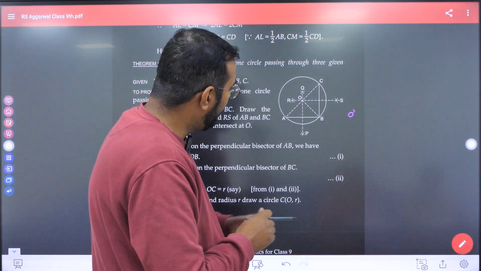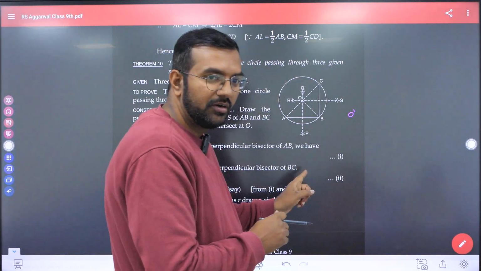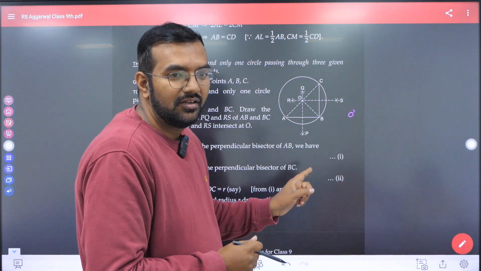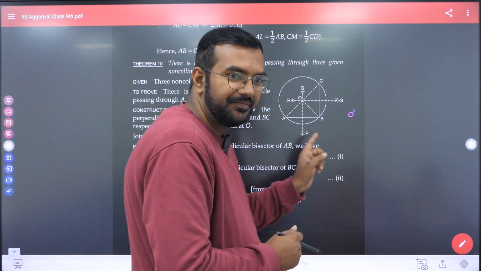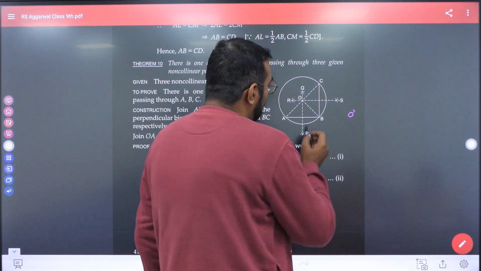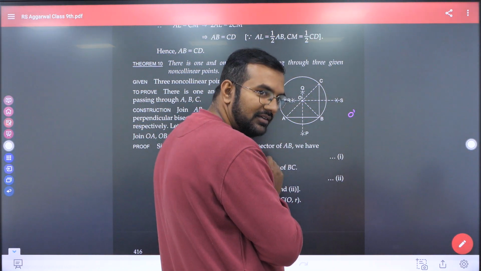Because if any point is equidistant from 2 points, that point must lie on the perpendicular bisector of the line segment joining those 2 points. So O dash must lie on this perpendicular bisector.